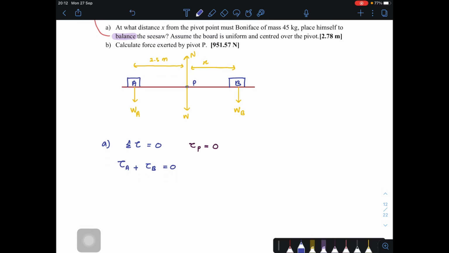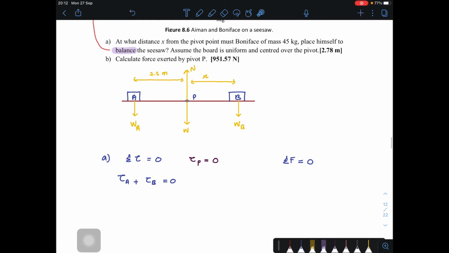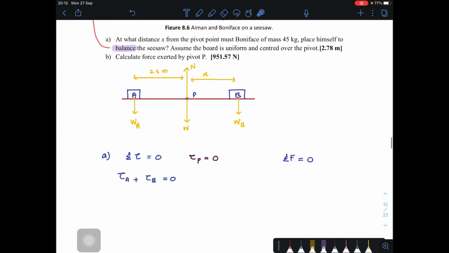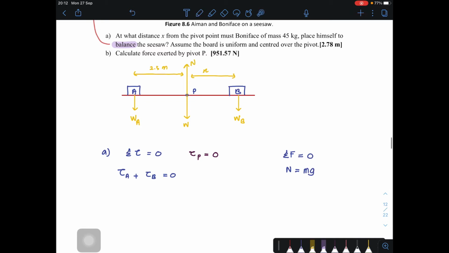And then the second one we can get is the sum of the F. So here, if you look, the forces are on the y axis only. So from here, the normal force is equal to mg. From here we can see the normal force is equal to mg. To balance it, one positive here will be negative.